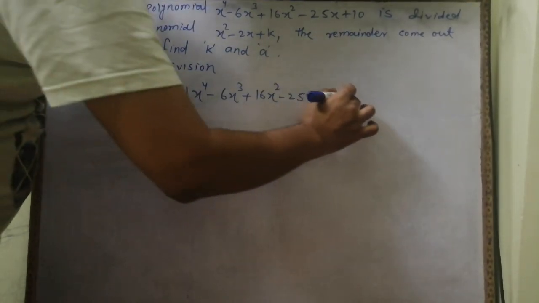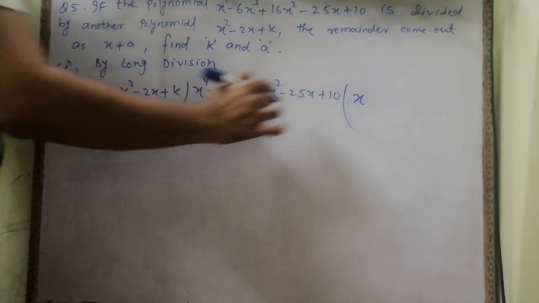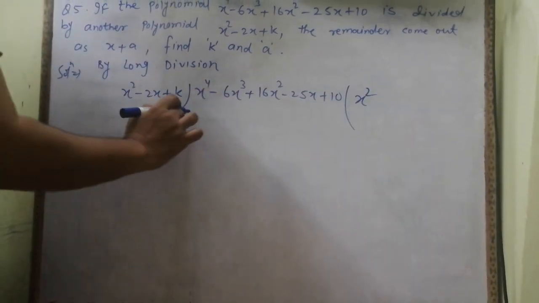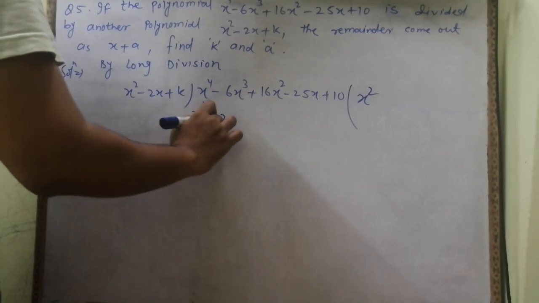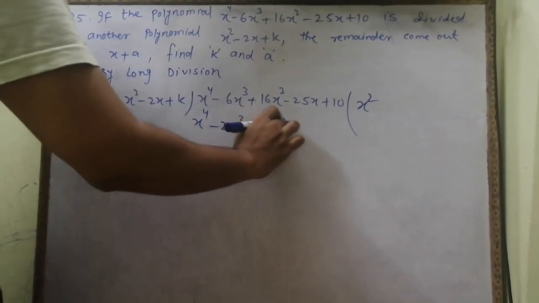First write x, then the power: 4 minus 2 is 2, so write x square. Multiply: x square into x square is x to the power 4, x square into minus 2x is minus 2x cube, and k into x square is kx square.